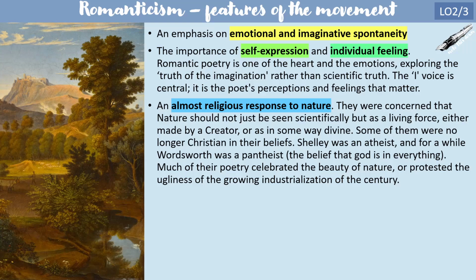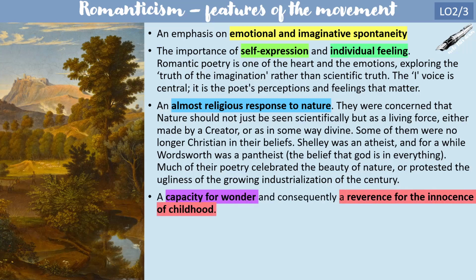Shelley was a very famous atheist, while Wordsworth was a pantheist, someone that believed in God but believed that God was in everything, every living thing. Much of their poetry celebrates the beauty of nature, and regardless of their religious leanings, ultimately it's the beauty of nature and the rejection of growing industrialisation of the century that binds the Romantic poets together.